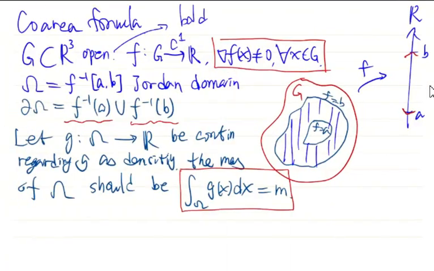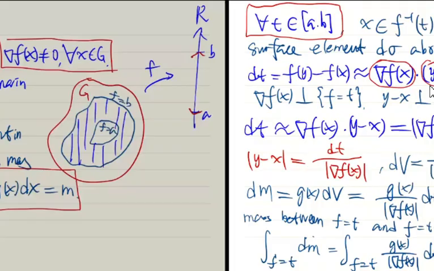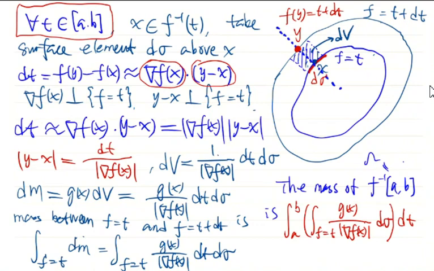But as we mentioned before, the total mass also equals the multiple integral of g over omega. So the total mass should be the same. Therefore, this will equal the integral of g(x) dx. So this formula is the so-called coarea formula.